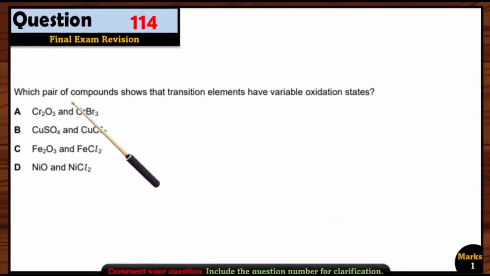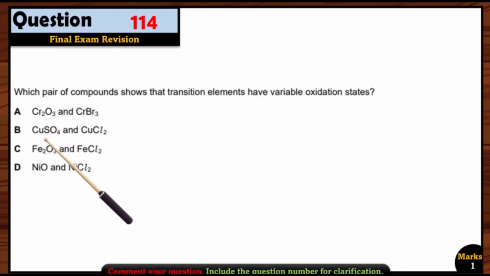Okay, let's see question 114. Which pair of compounds show that transition elements have variable oxidation states? Let's see one by one each option. The first option is Cr2O3. If you look at the oxidation state, the other element's number will actually be the oxidation state of the chromium, right? So if oxygen is 3, it means the chromium has oxidation state of +3. Here, chromium again has +3 oxidation state because Br is 3, right? So it has same oxidation state in both the compounds.